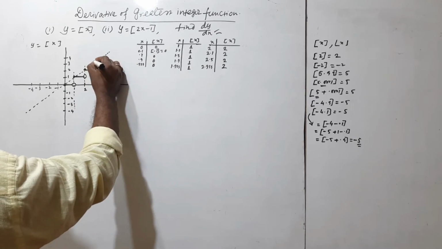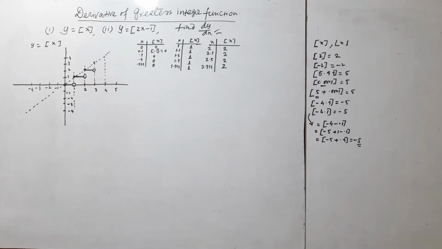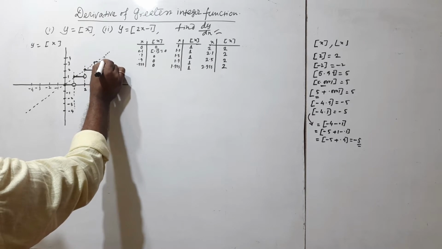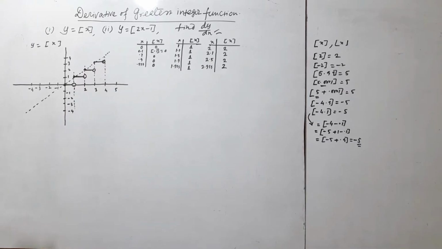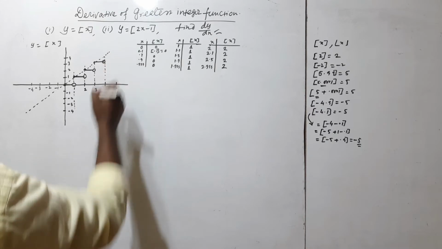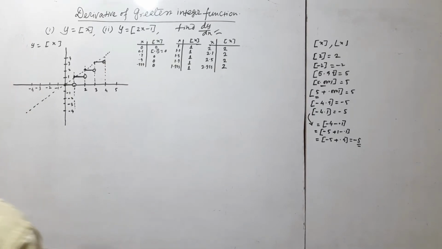Again, if we take 3 point something, we get the value 3 of the box function, from 3 to 3.99 something, not exactly 4.